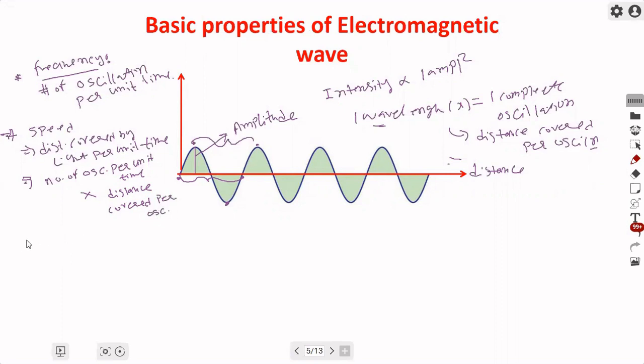Let's say speed is denoted as c. The number of oscillations per unit time is the frequency, and the distance covered per oscillation is the wavelength. So this is one important relation: the speed of electromagnetic radiation, or any wave, is equal to its frequency times its wavelength.